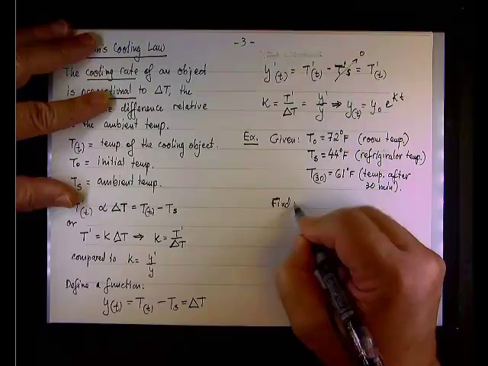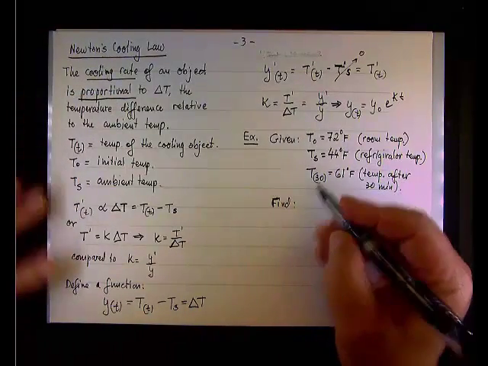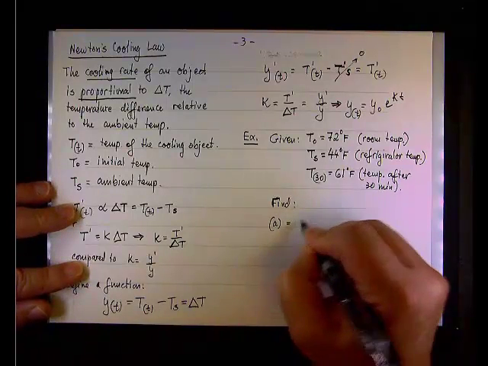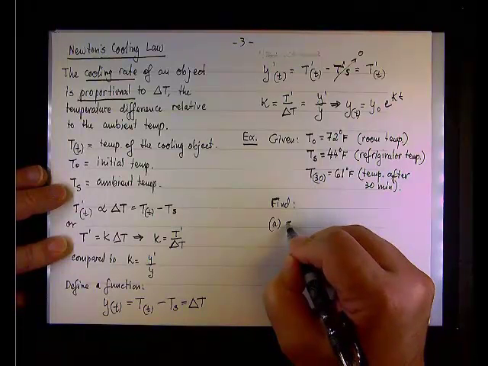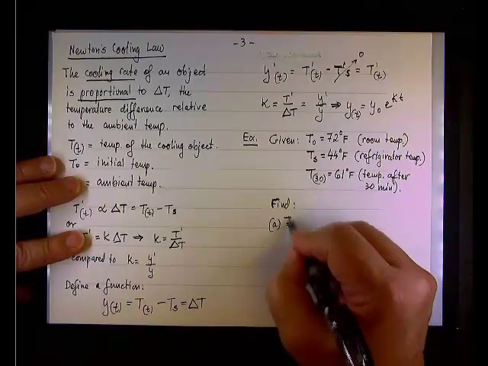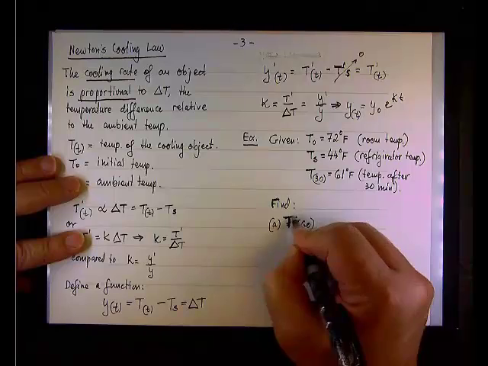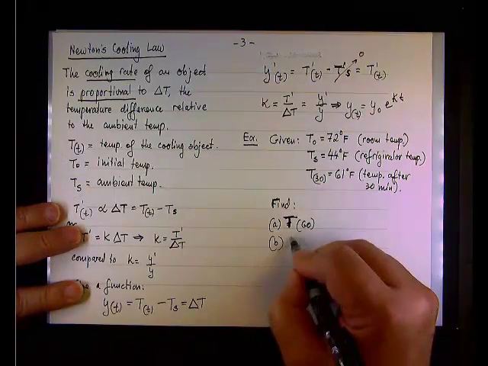What do we want to find? Really, we need to find three things. First, we want to find the temperature. Now, let's do two things. Let's find what T is after 1 hour, so T of 60.